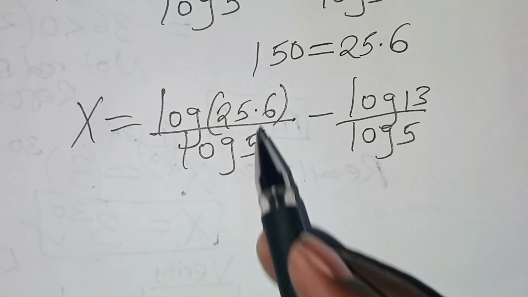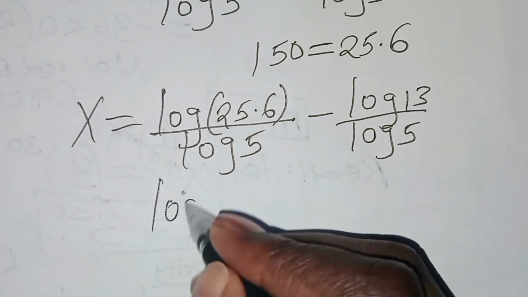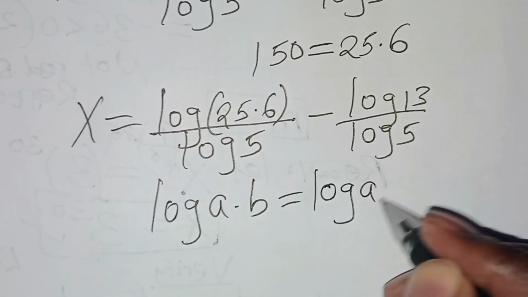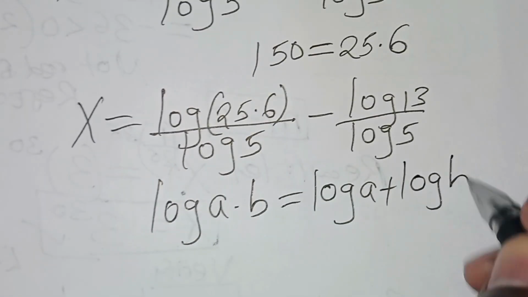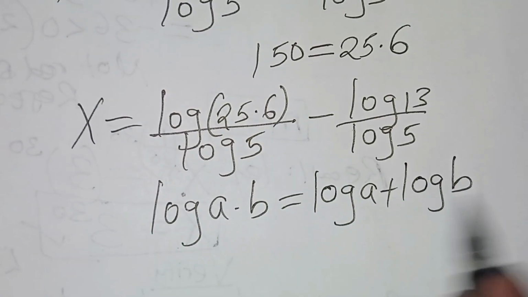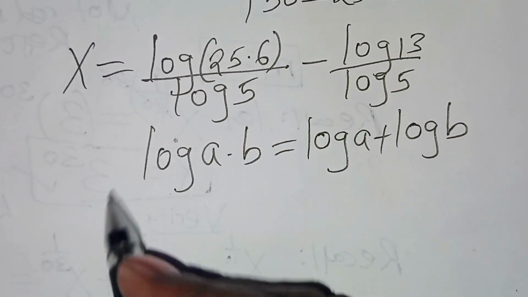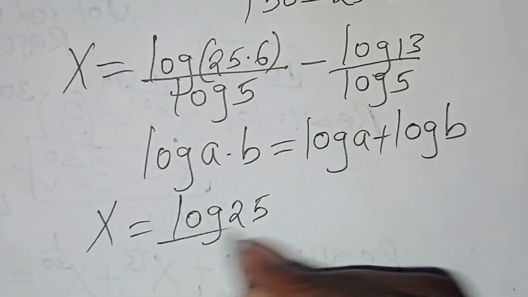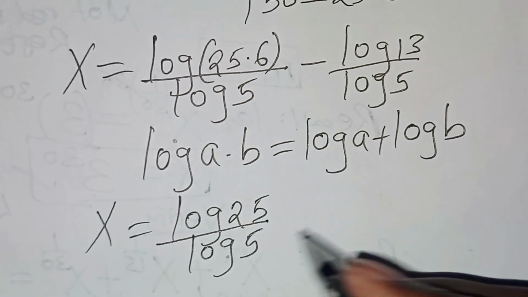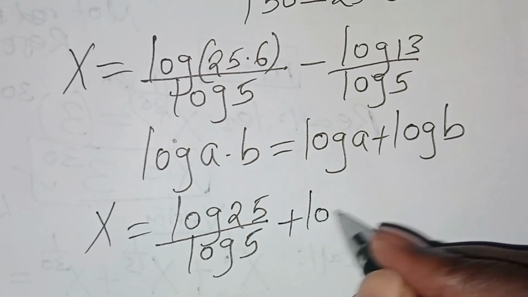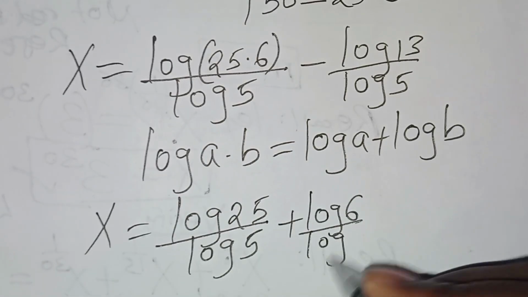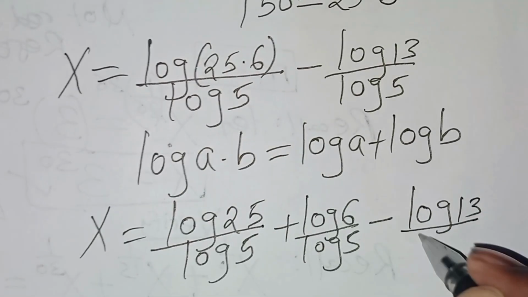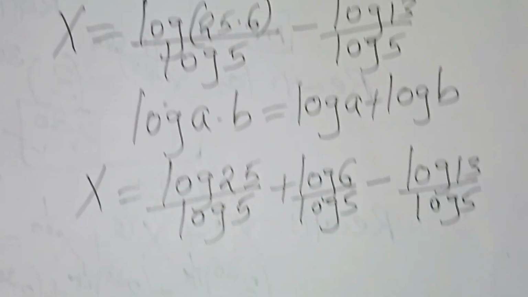Now log 25 times 6, this is in the form of log a times b, which we can express as log a plus log b. Applying this property, we'll have x is equal to log 25 divided by log 5 plus log 6 divided by log 5 subtract log 13 divided by log 5.